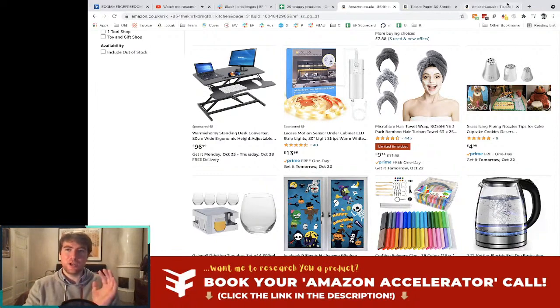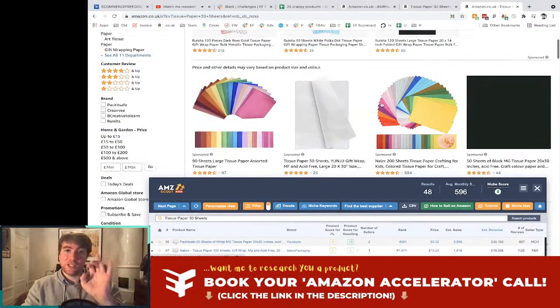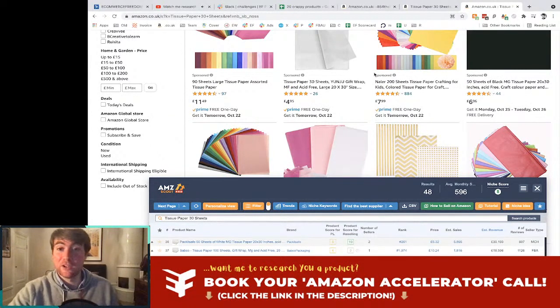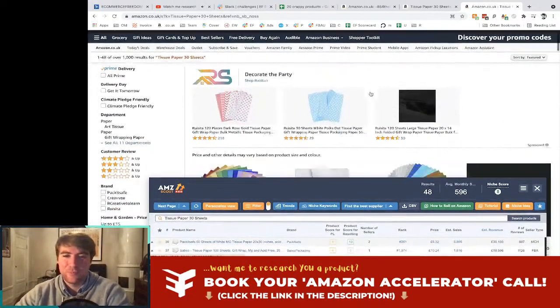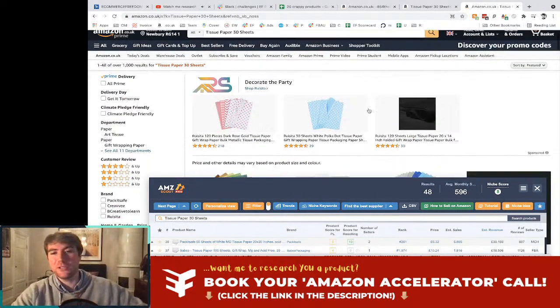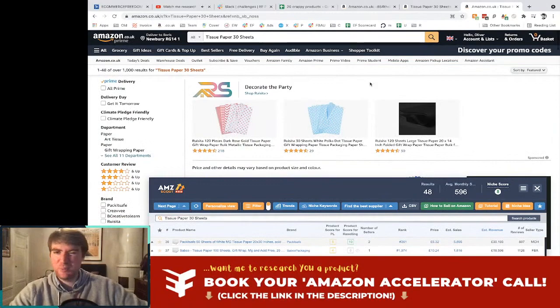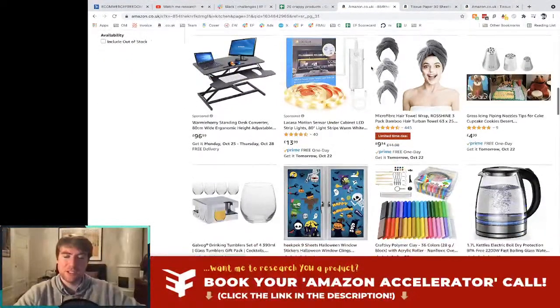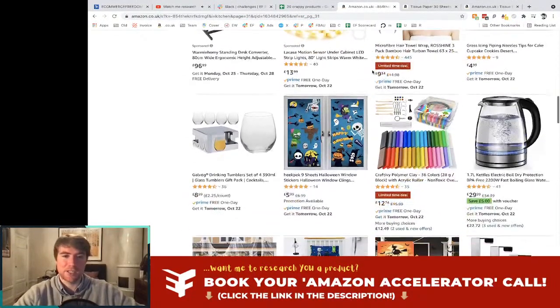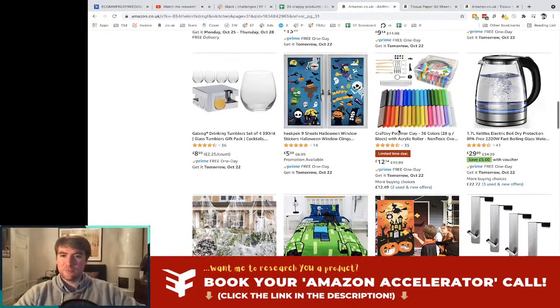So let's say this is the pie, this niche, tissue paper 30 sheets. If it's a very small pie and we get a small slice of the small pie, then we're not going to make much money. If the pie is massive, we get a small slice of it, we'll still make a load of cash, right? So all that to say, the more demand there is, the more competition you can allow for. To a point, we don't want it to be impossible to compete, but we can have a little bit of leeway if the demand really is huge, because you need a smaller percentage of the revenue to still make good cash. All right, what else?